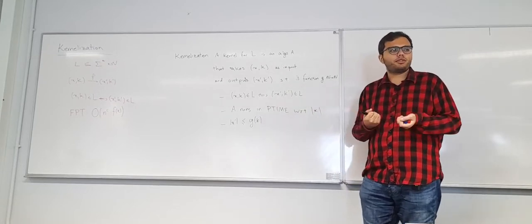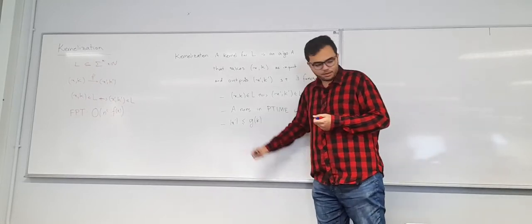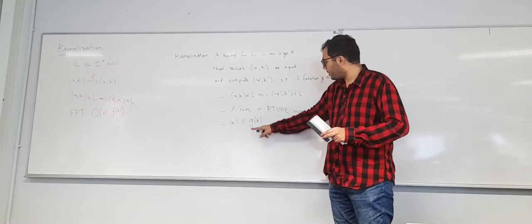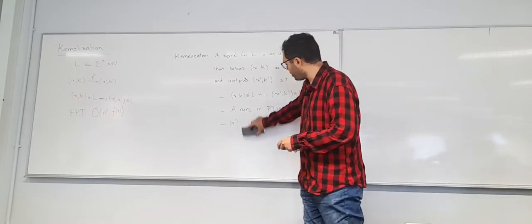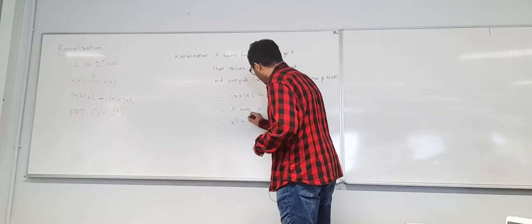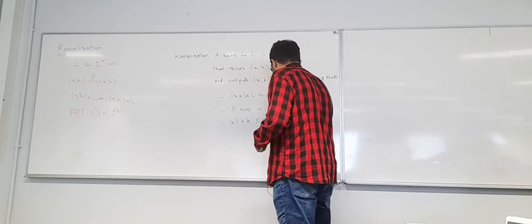I want my parameter to also be bounded. So here, instead of just saying that my final instance length is bounded by some function of my initial parameter, I just say that x prime plus k prime should be bounded by a function of k.